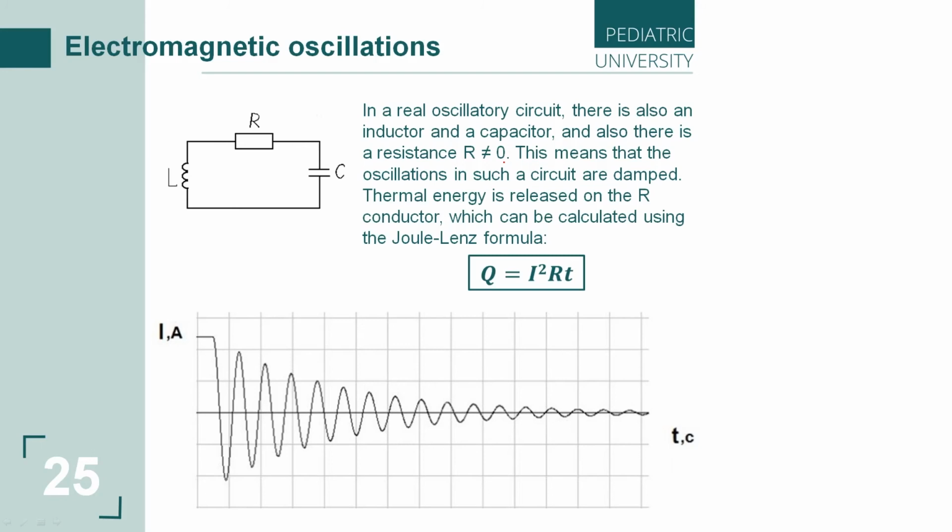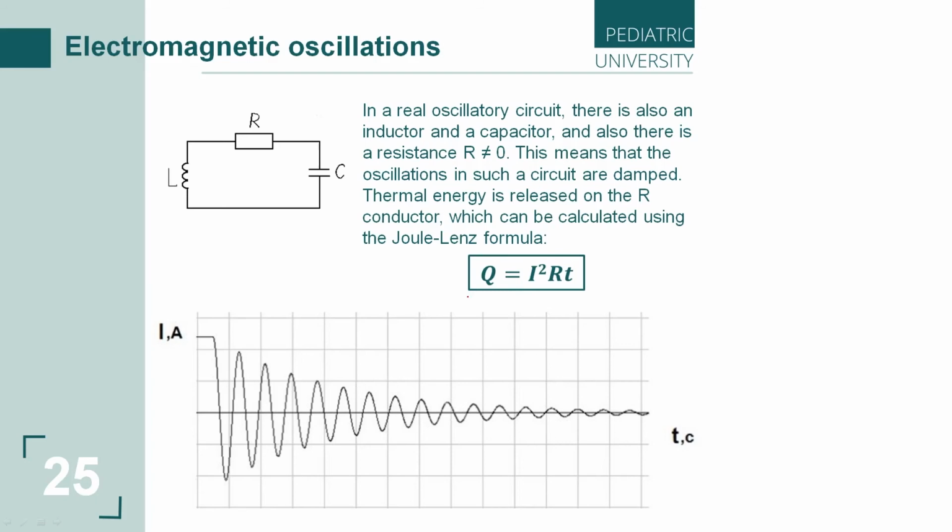Thermal energy is released on the resistance R conductor, which can be calculated using the Joule-Lenz formula. We know that our electric devices, when they work, are heating after some time. How can we calculate how much energy was released? We should use the Joule-Lenz formula.